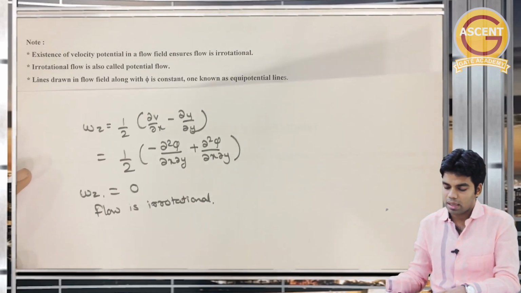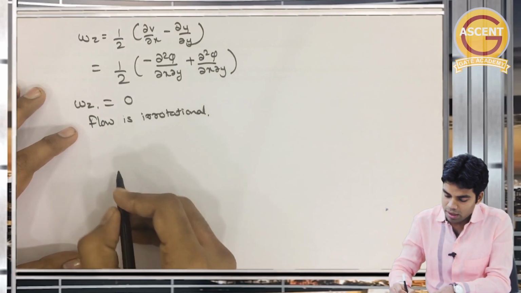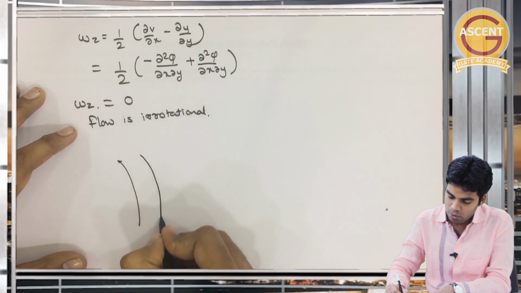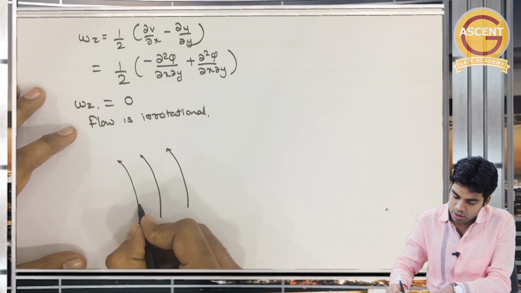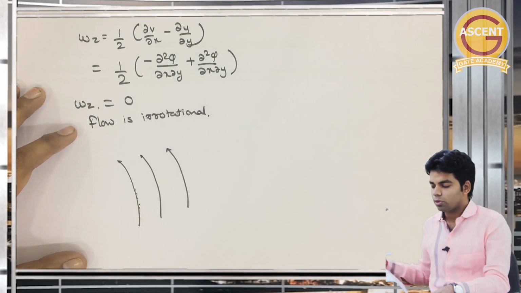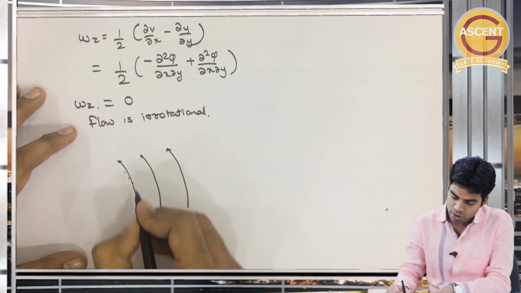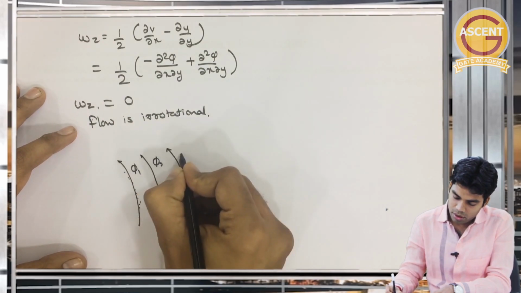Now what are these equipotential lines? If we draw lines such that at all the points of these lines the velocity potential is constant. Suppose here it is phi 1, here it is phi 2, here it is phi 3.